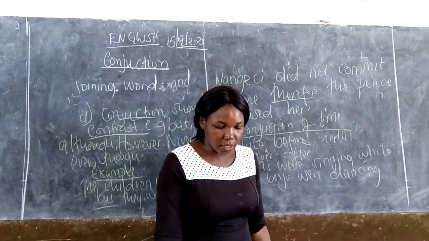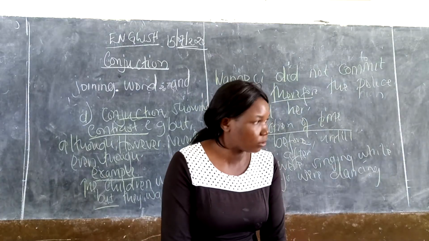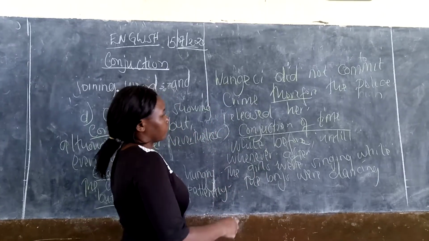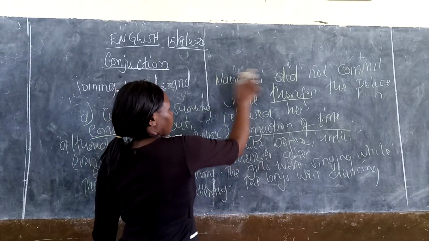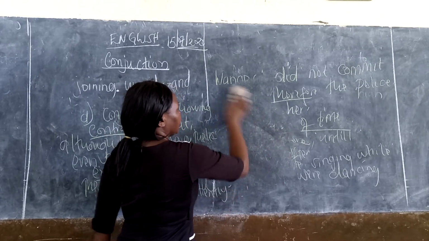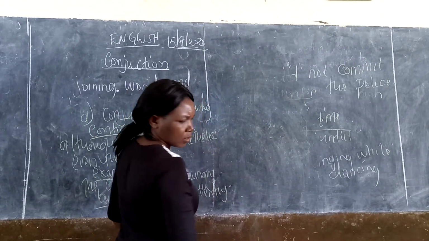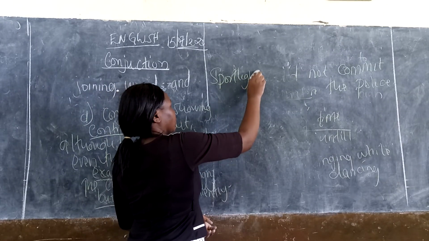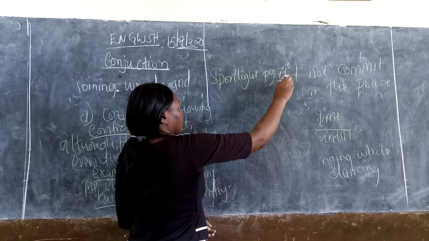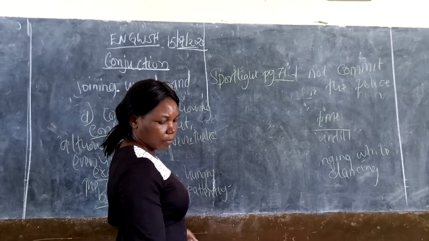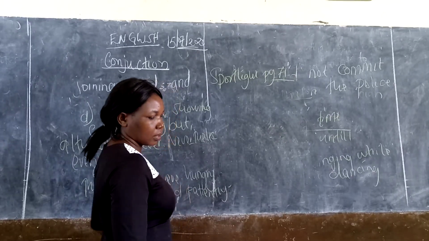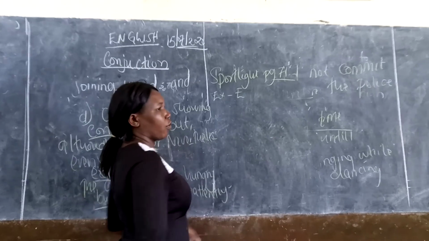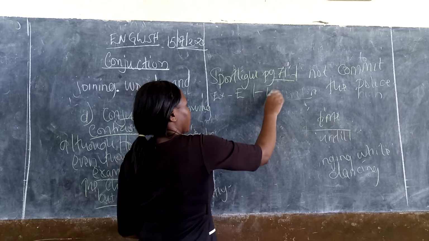I'll be giving out an exercise. Go to Spotlight, exercise E, page 71. Do exercise E, from number 1 to 10.